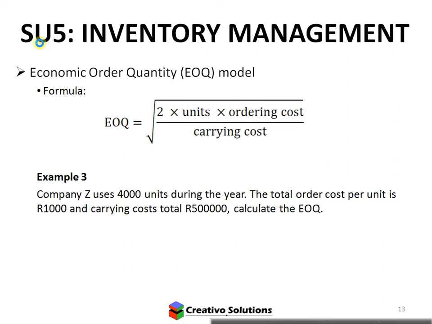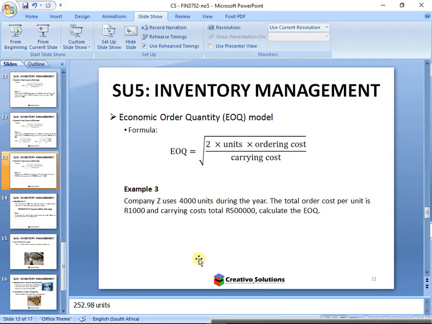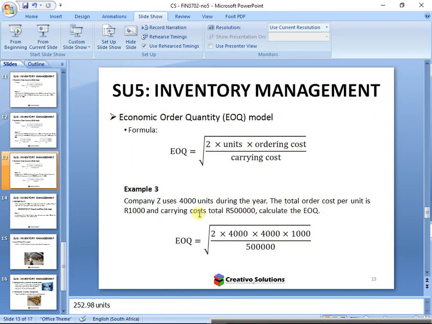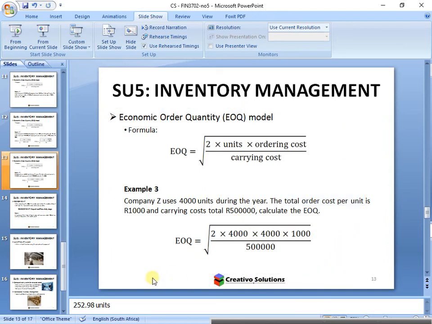$31.62, do we agree? So the working here, no, I had 252. Total order cost for the year and total carrying costs. Oh, this was per unit. Total order cost per unit. So that was 4,000 times 4,000 times 1,000. The wrong cost at the top.